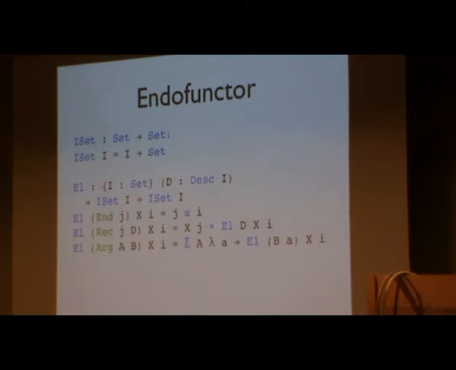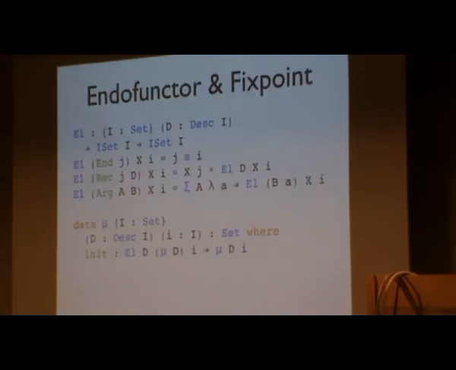And finally, we end. So we have all these products, and then we end in this proof here, which is a proof that the J index that we said we were going to end at is actually the I index that this family of sets is currently defined to be.